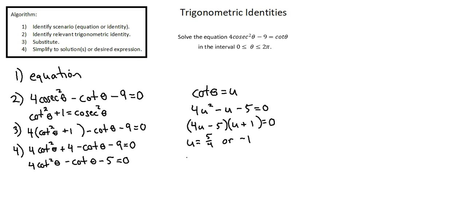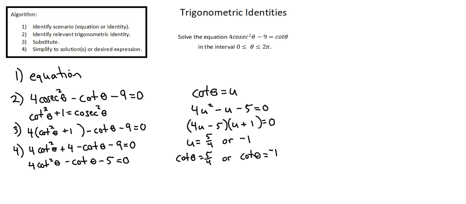And again, we're temporarily using u, so let's now substitute back in cotangent theta. Cotangent theta equals 5 over 4, or cotangent theta equals negative 1.